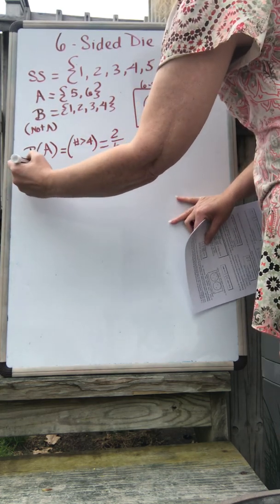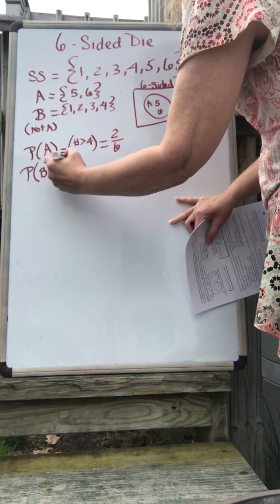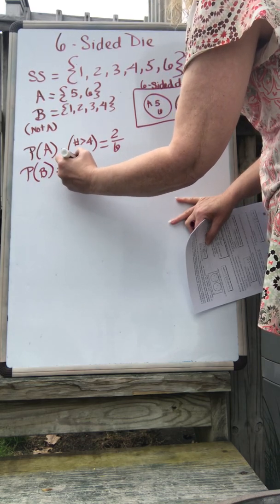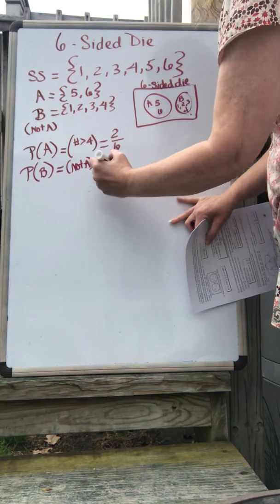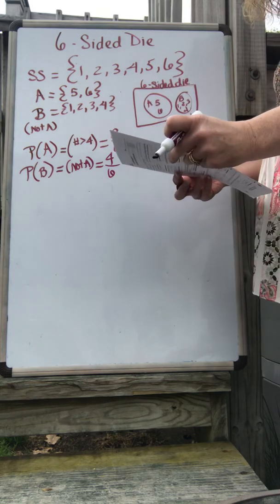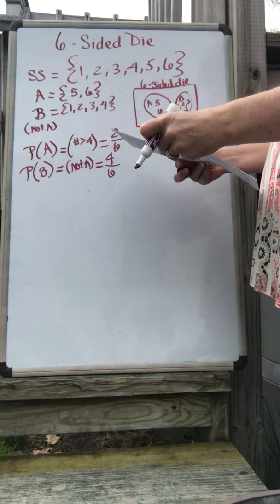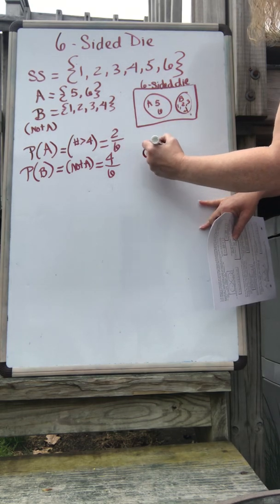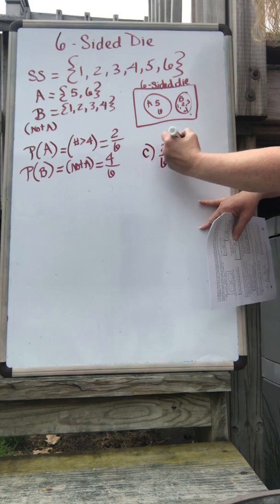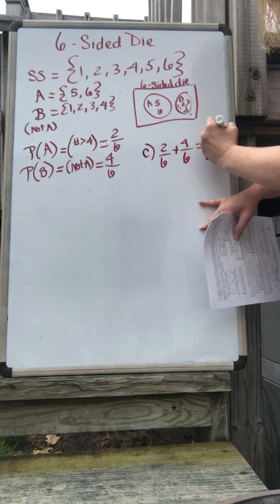The probability of not A, which is B, would be 4 out of 6. Together, if you notice, for part C now, they say, what is true of the sum? Well, 2/6 plus 4/6 equals 6/6, which is 1 whole.